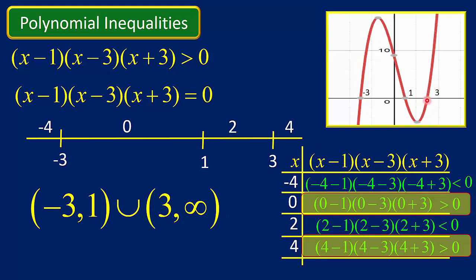Now, so you can see this little method that we're using, making a table and testing values from each of the regions, that's the way we can come up with the solution regions. But also you can look at the graph, and if you know the x-intercepts, you can just eyeball the graph and then write your solution region using those x-intercepts.